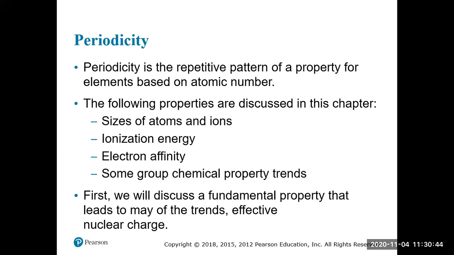So if you think about what you did in the lab, that was more focused on the last one of those bullet points, some group chemical property trends. We'll talk a little bit about that, but initially we're going to talk about sizes of atoms and ions and how that fits in terms of periodicity, and then also ionization energy and electron affinity.